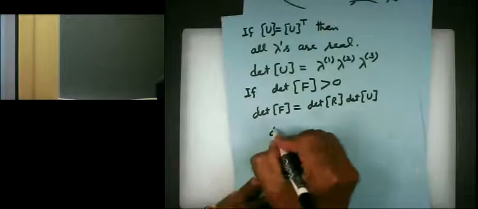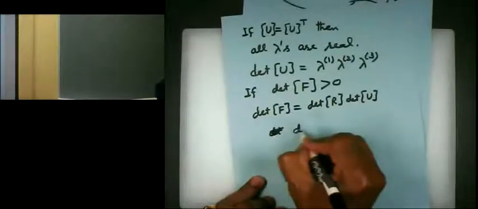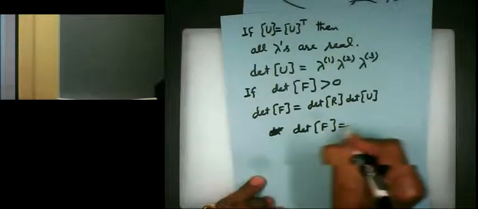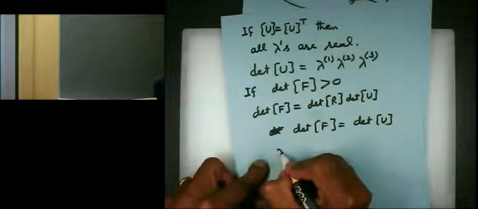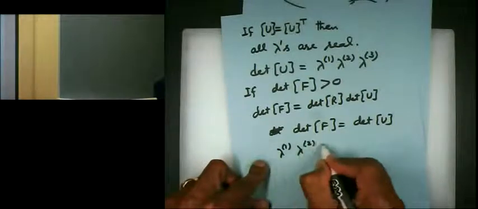So that means the determinant of F is equal to the determinant of U, because the determinant of R is 1, and therefore lambda 1 times lambda 2 times lambda 3 must be greater than 0.